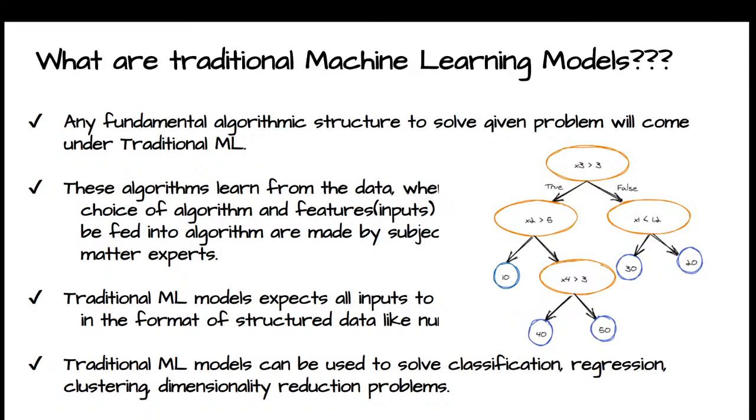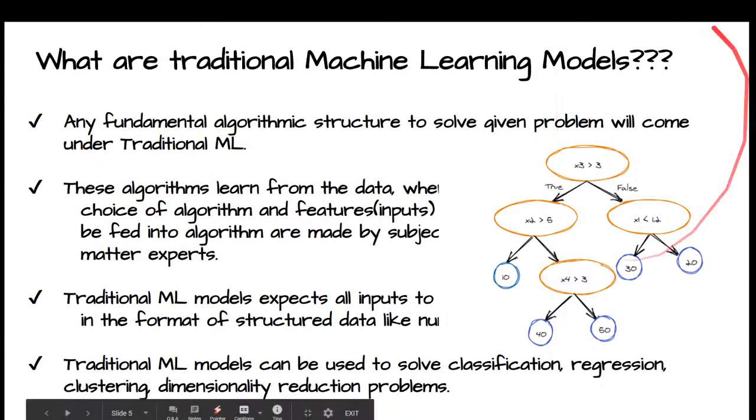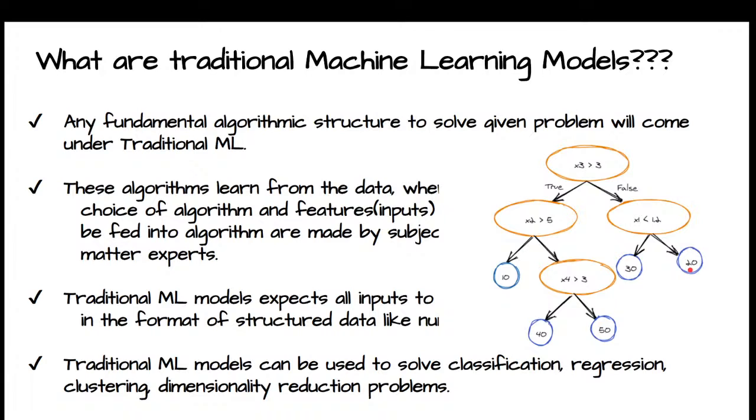So, what are traditional machine learning models? I have been talking about it for so long. So, what is a traditional machine learning model? It's like basic maths we do. Like you can see, we have a decision tree here, and this decision tree is nothing but a probability tree that we have studied in our probability and statistics classes.